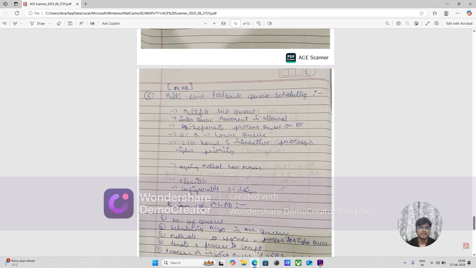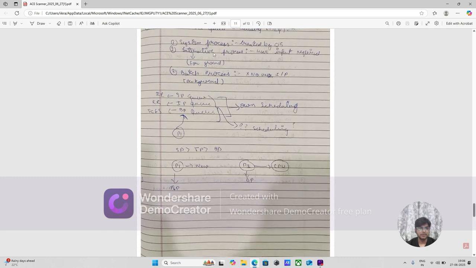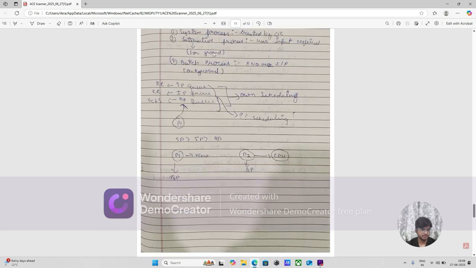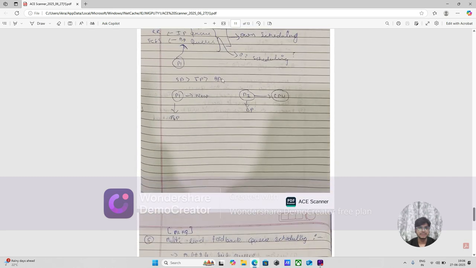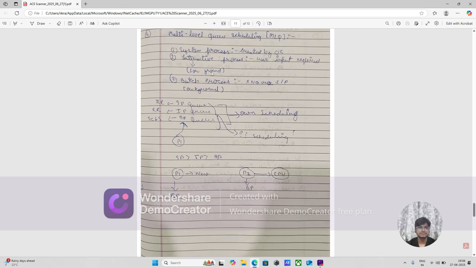There are multiple sub queues, the three I have explained: operating system process, interactive process, and batch process. In the multi-level queue, the processes are divided and can't move or change between queues.